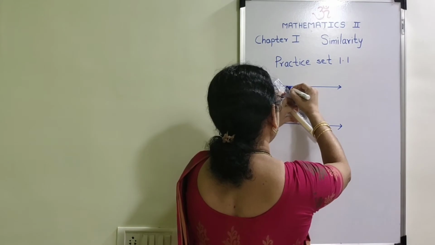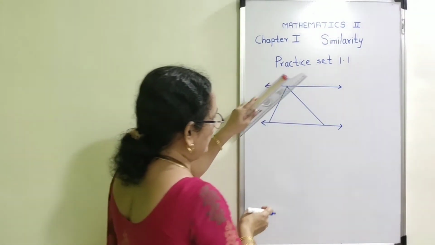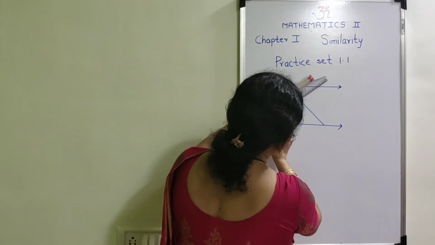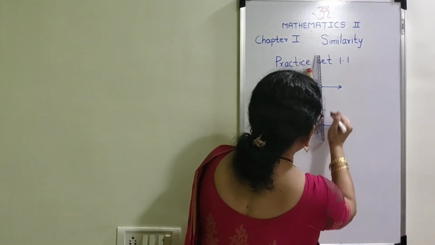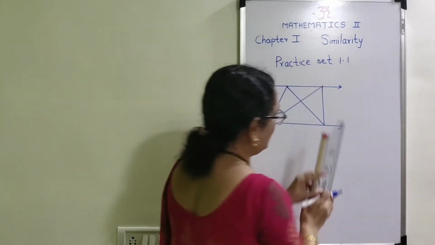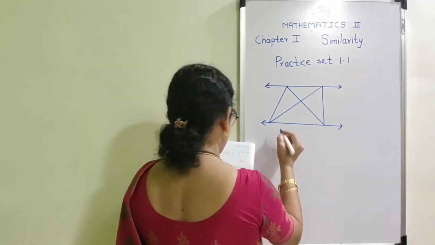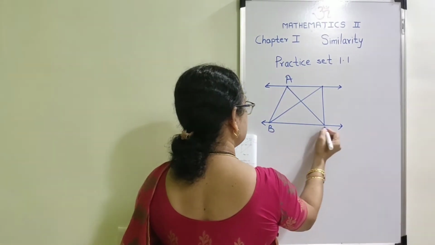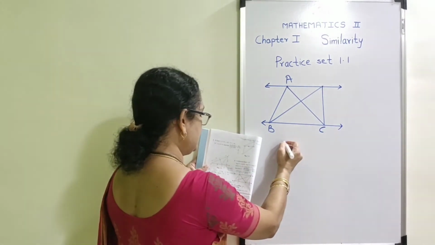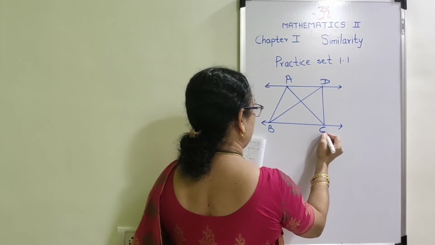Also they have given that the base of both the triangles is one and the same. This base is constant and these two triangles are given. Now observe the figure. Here, the first triangle is ABC. The second one is BDC.